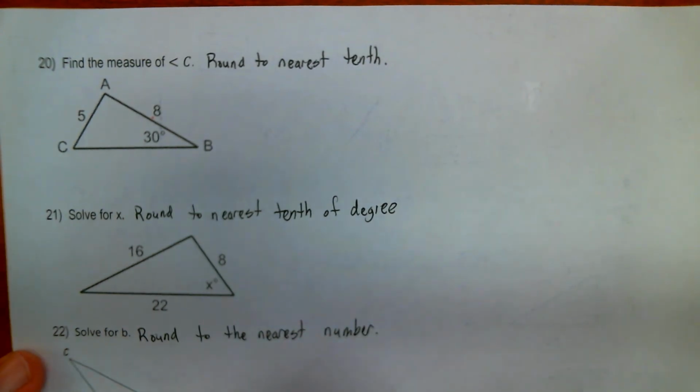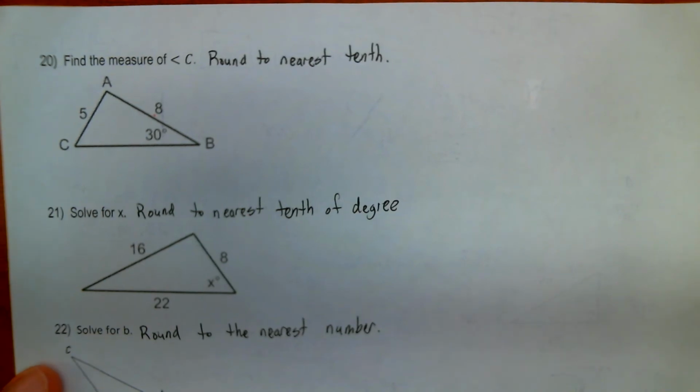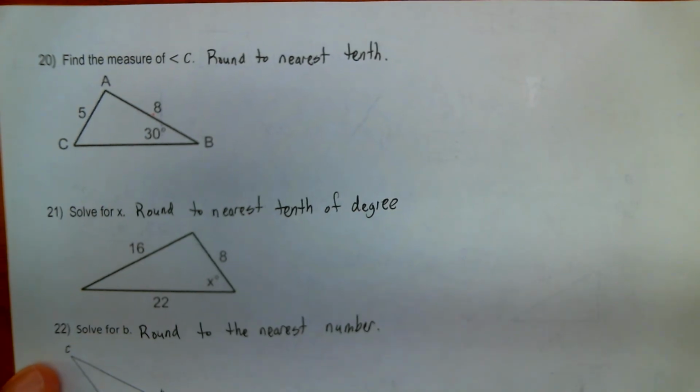And this one I said round to the nearest degree. And the last one I said round to the nearest degree. So the last one says solve for x, round to the nearest degree.